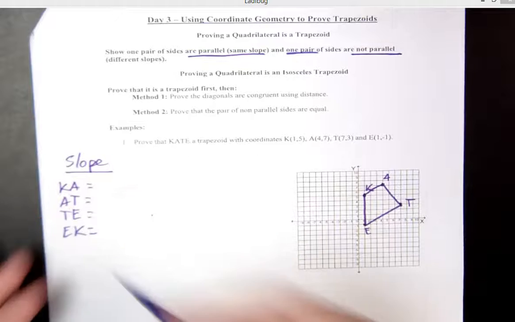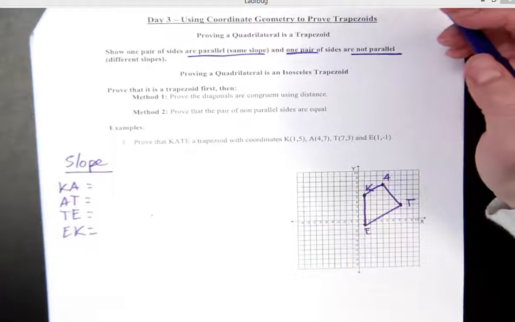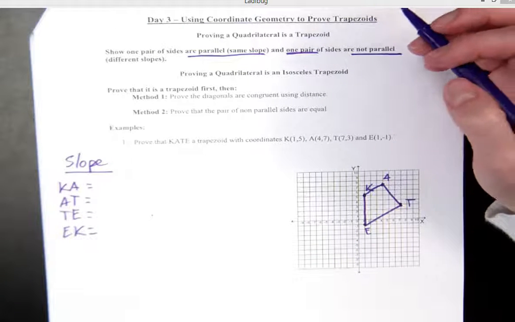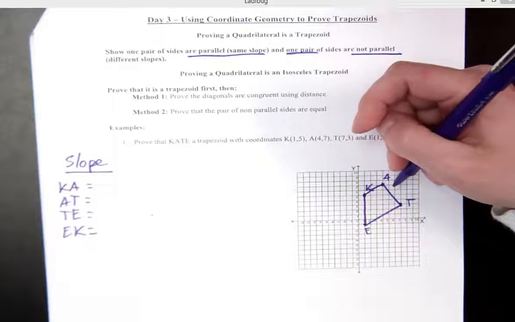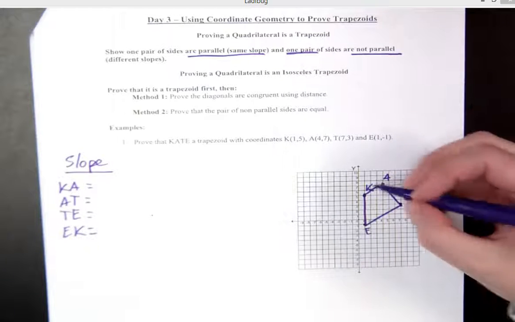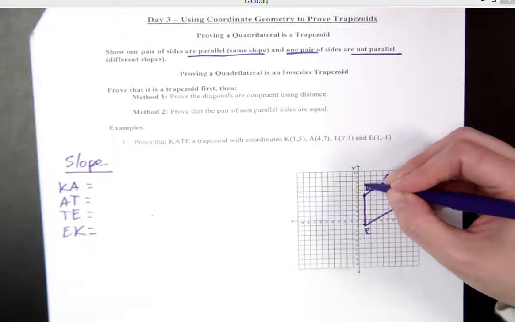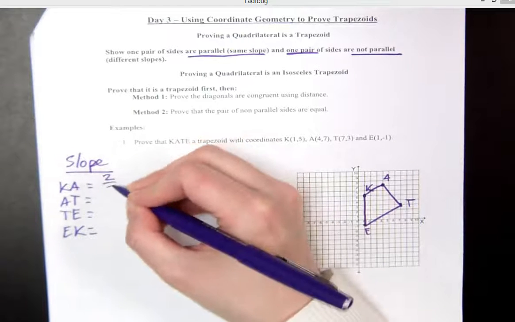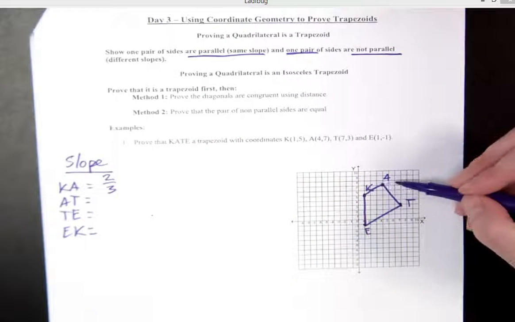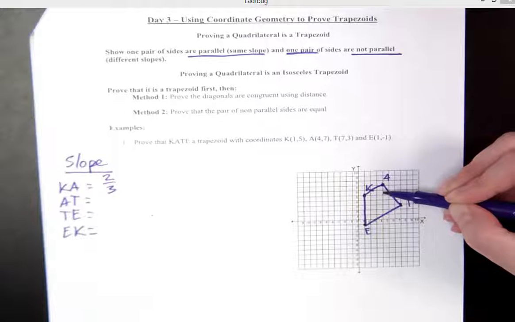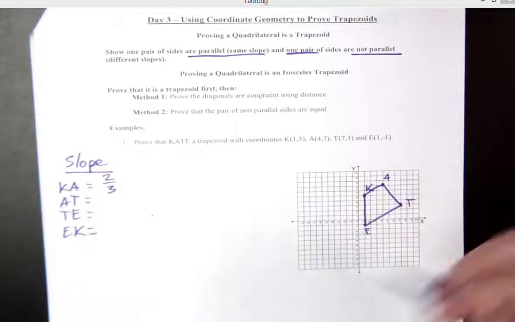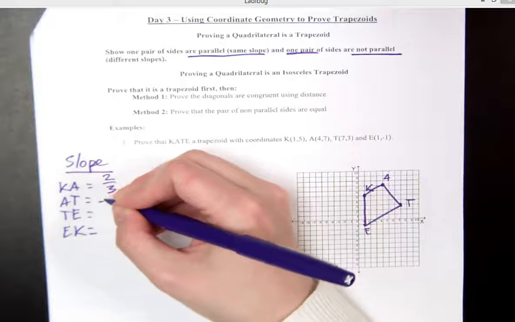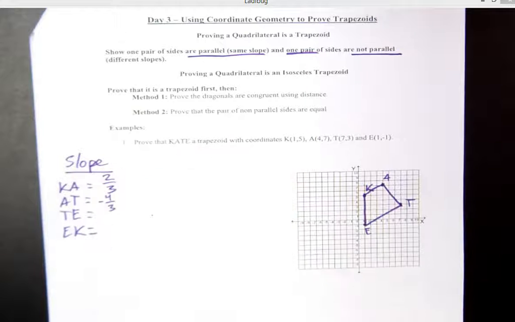Alright, and then our first step after we've graphed it is slope. So what was my slope of KA? KA would be 2 over 3. How about A to T? I have -4/3, right?